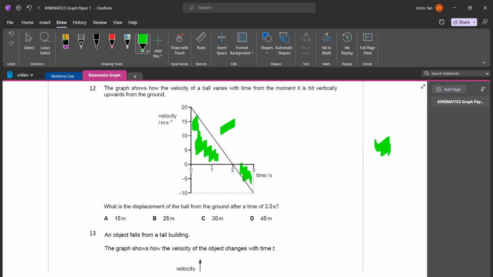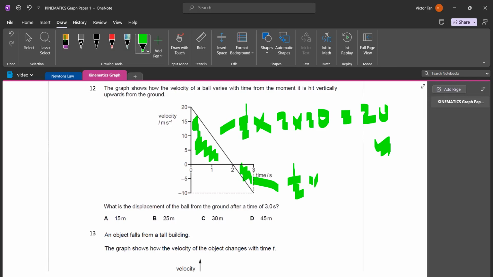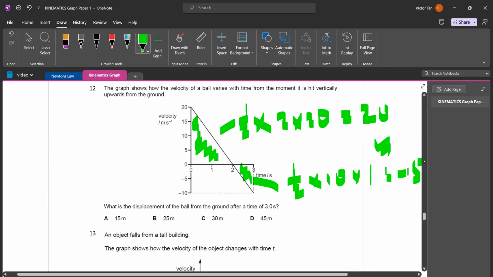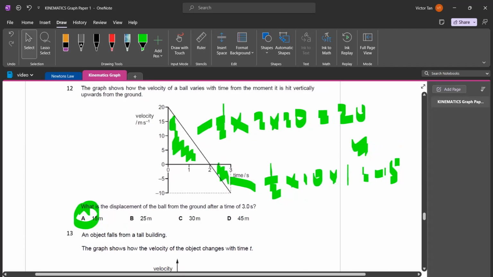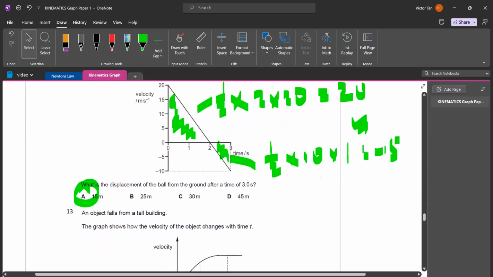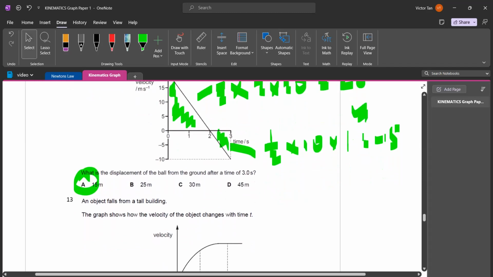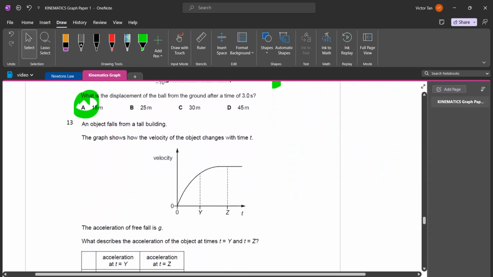So here, the displacement is half times 2 times 20, which equals 20. Here we'll have negative displacement, half times 10 times 1, which equals minus 5. So 20 minus 5, displacement is 15. Remember, in the velocity-time graph, the displacement below the graph represents a negative displacement.